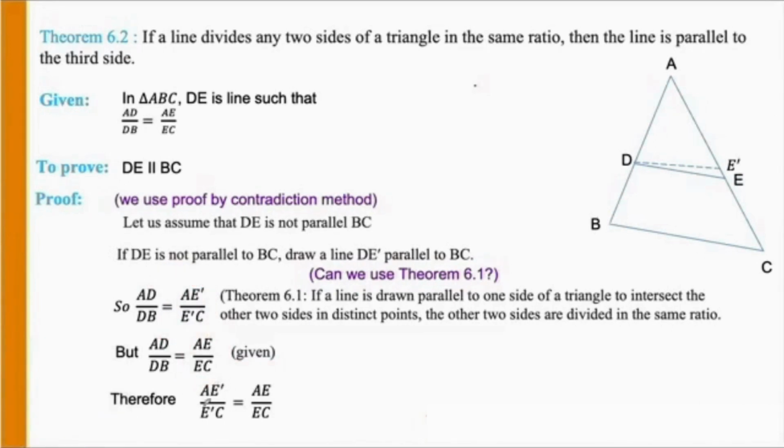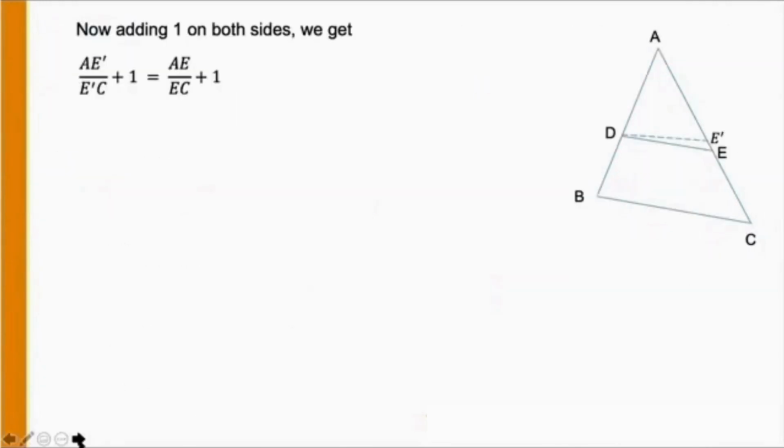Therefore, we can say that AE dash upon E dash C is equal to AE upon EC. Now adding 1 on both the sides, we get AE dash upon E dash C plus 1 is equal to AE upon EC plus 1.